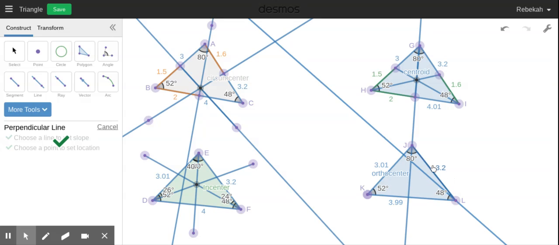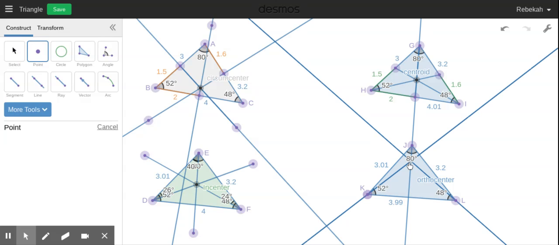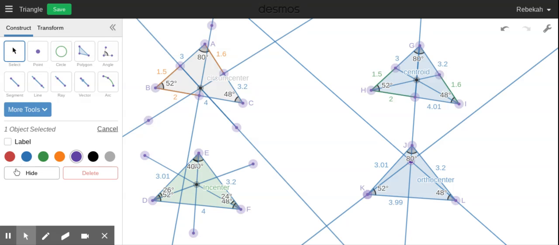And then on here, I'm going to do the same thing. I'm going to draw a perpendicular line. And so that spot there, which is centered to all of them, that is the orthocenter. All right, I can label it orthocenter, and try to move it out of the way so you can see it better.